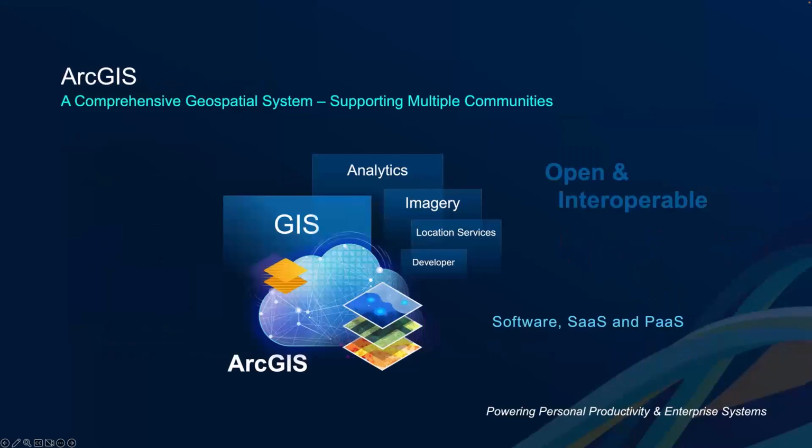And ArcGIS has gone through a similar transition as well. What started as a collection of productivity tools that were installed on a machine has transitioned to a collection of installable pieces of software, software as a service like ArcGIS Online, as well as platform as a service offerings that can both power an individual and more broadly power the enterprise and external communities.